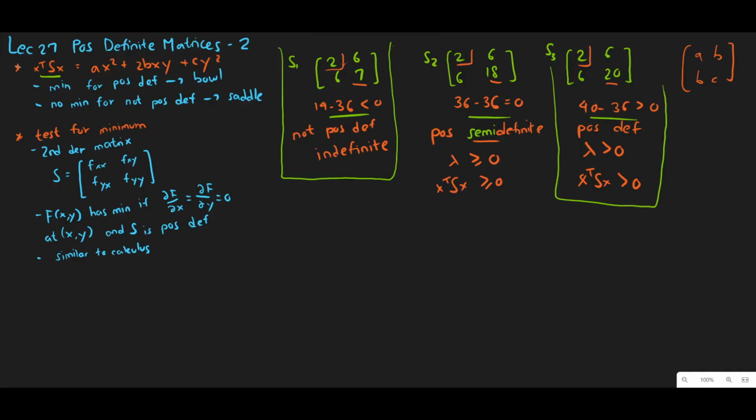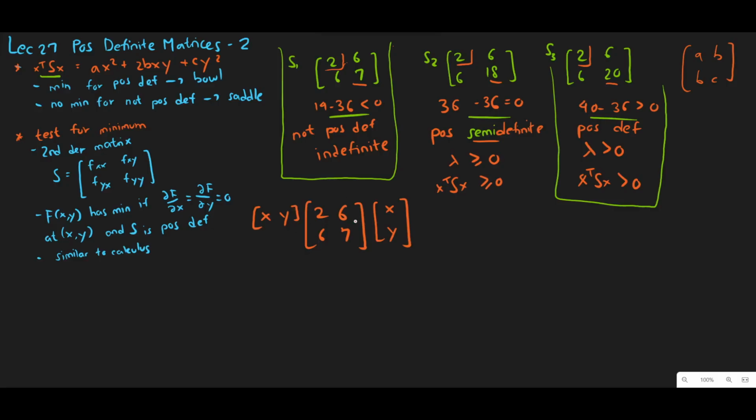Let me delete this one first, or I'll just put it here for a second. Now I want to expand this matrix into this form. What I'm basically doing is multiplying on the left and right by some vector.